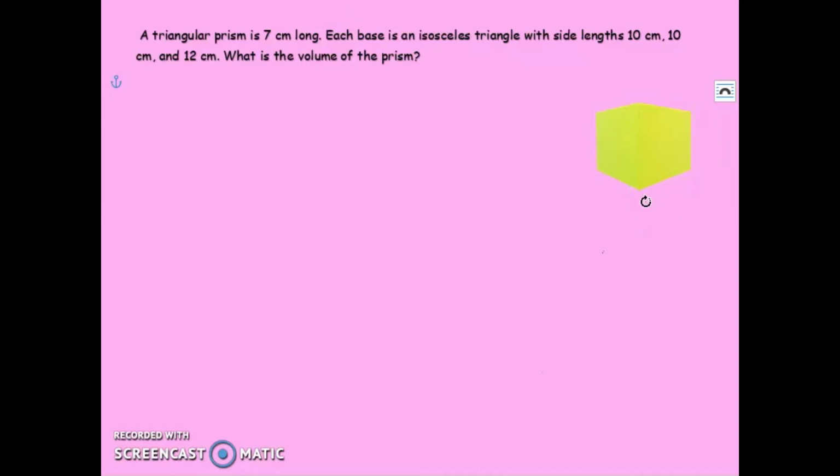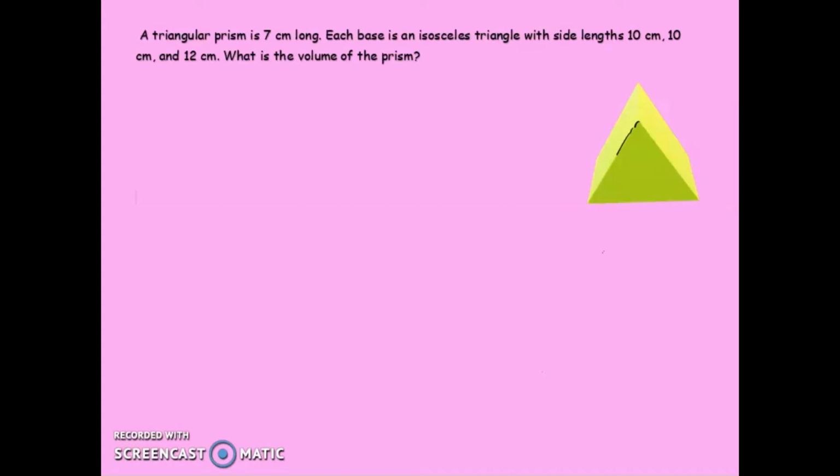So first our job is to calculate the area of this triangle. Let me just show you the information. Back to the question, it says the triangular prism is 7 centimeters high. Each base is isosceles, meaning this triangle is isosceles.